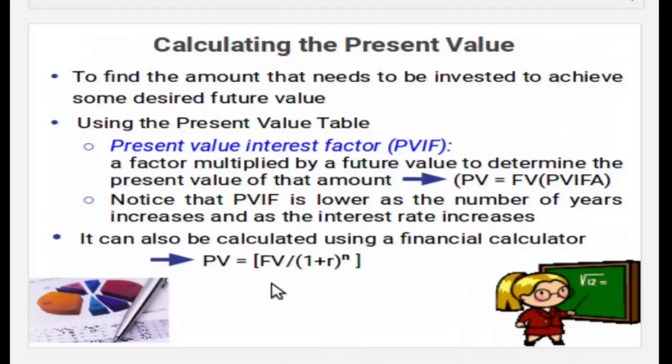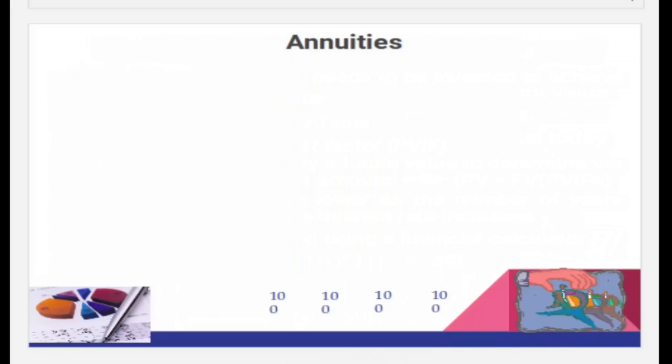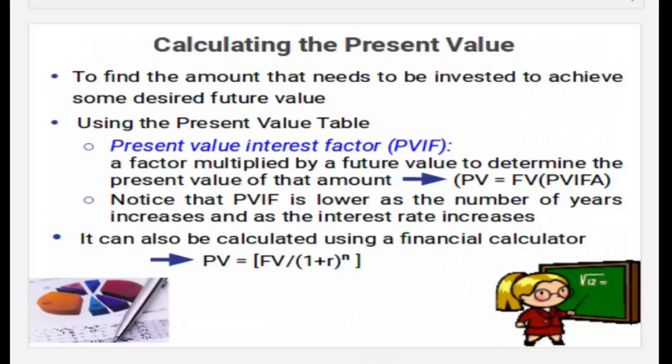PV is equal to FV upon (1 plus R) to the power n, where the input time period is the exponent n in the denominator. So, if you want to calculate the present value of an amount you expect to receive in a particular year, you would plug that particular year number into the n in the denominator. I hope you understand how to calculate the present value.